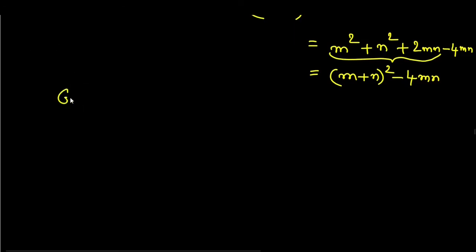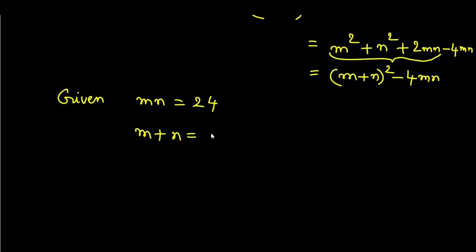Now let us see. We are given m into n is equal to 24. m plus n is equal to 11. We have to find m minus n.